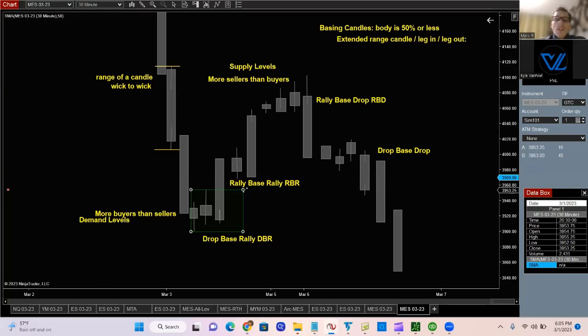Now, some people, in the case of demand, like to take the highest body in the basing candles and the lowest wick, and they'll say, this is my zone. Is that to reduce risk, using the body as opposed to the top of the wick?